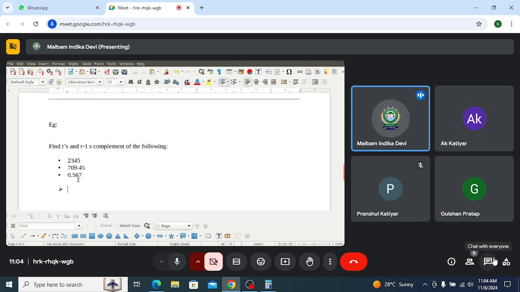Then for binary, let's say 110.11, 0.001, 11111, 1101.